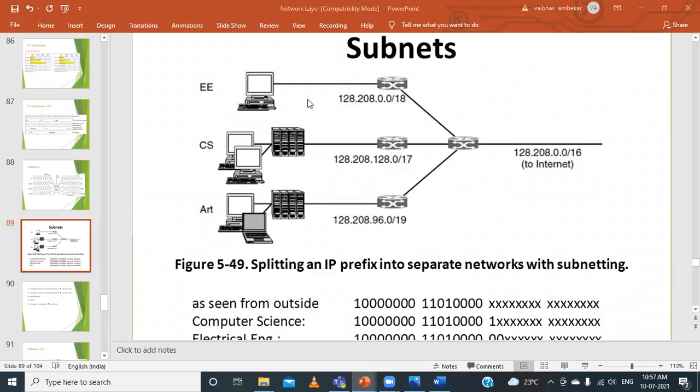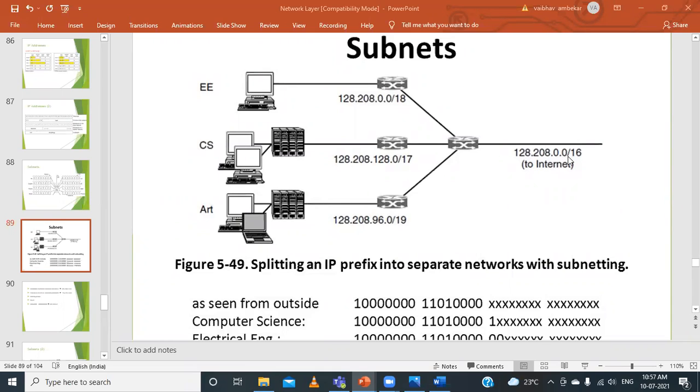Identifying everything by the prefixes becomes a big problem. So the solution is to allow the block of addresses to be split into several parts. So we take a block of addresses and we split it. So how to split it? Consider that for this router, we have the IP address 128.208.0.0.